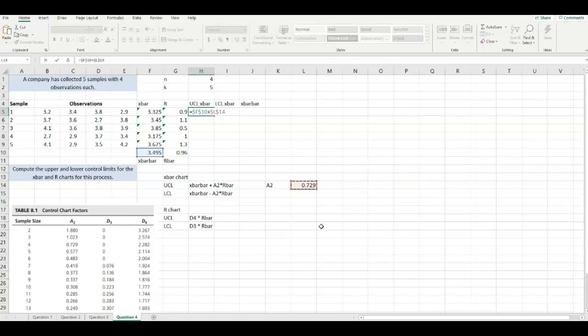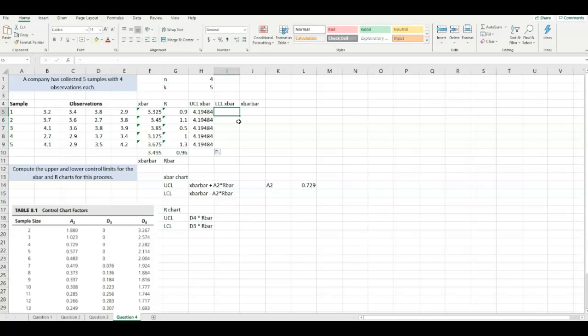We'll freeze that, multiply that by the R bar, the 0.96, and we freeze that as well. So that comes out with our upper control limit of 4.19. Now we want to drag that down so that we have 5 of these, and that will make a little bit more sense once we create the charts themselves.